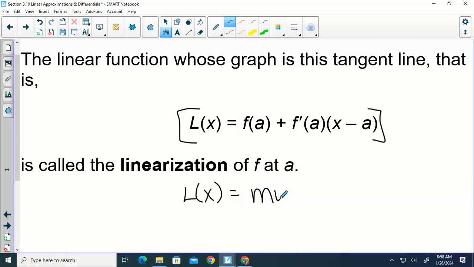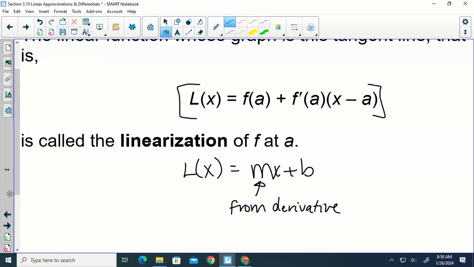So it's just y equals mx plus b, just the equation of a line. We know that slope is from the derivative. So if we can write the equation of the tangent line, we can plug in the x values and get an approximate for the y values.